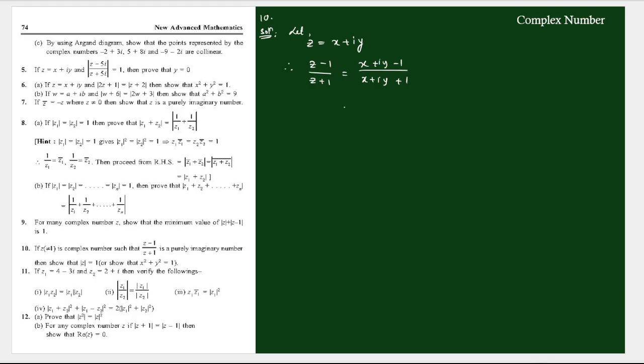Then you can write down the real and imaginary parts separately. Fine. Then x plus 1 plus iy, x minus 1 plus iy. I think we can take the conjugate.